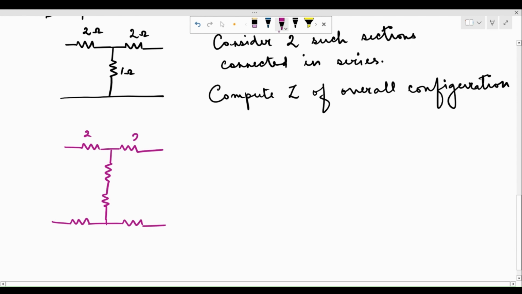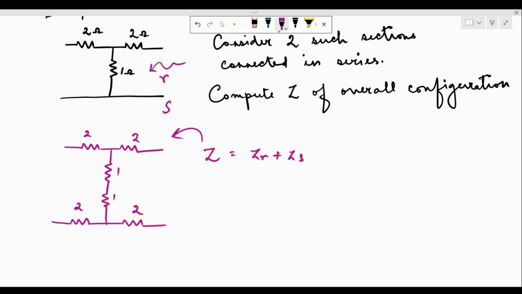So this is 2, 2, 1, 1, 2, 2. And we have to compute the impedance matrix for this network. If we are able to compute the impedance matrix for this section, it will be easy for us to compute the impedance matrix for the overall network. Because after all, if you are calling this network R, network S is also going to be identical. So the overall Z is going to be ZR plus ZS.